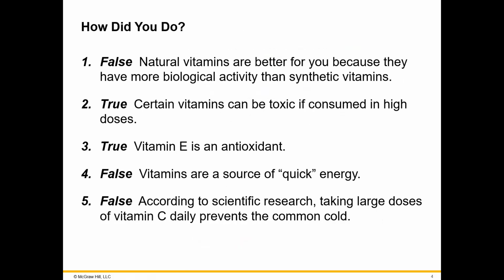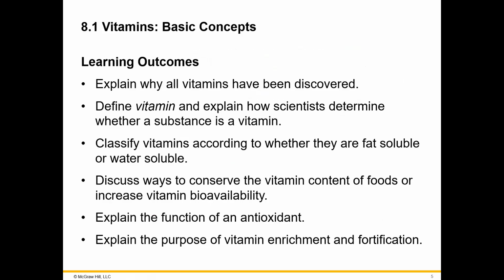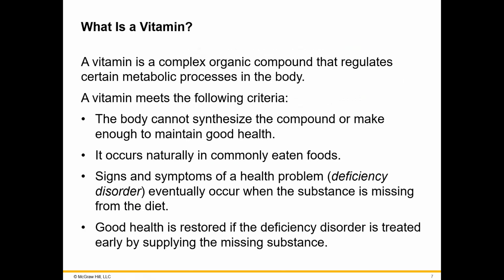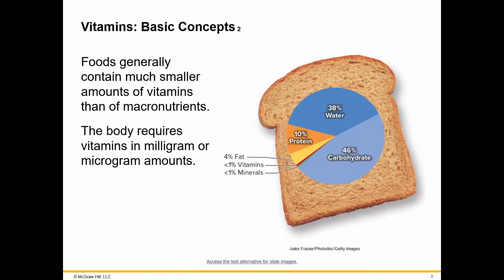So, chapter 8, vitamins. So, pretty much, vitamins are organic compounds that are vital. They are a complex organic molecule that help to regulate metabolic processes. Okay, they are used as antioxidants, they are used as coenzymes, they are found in foods.